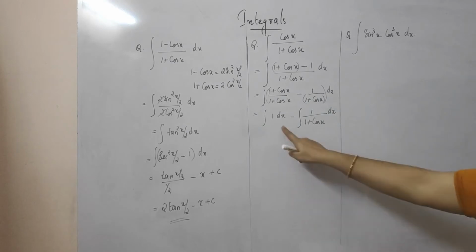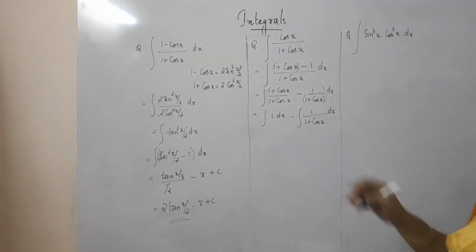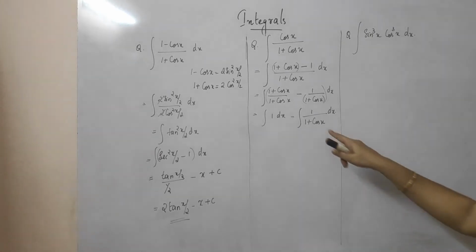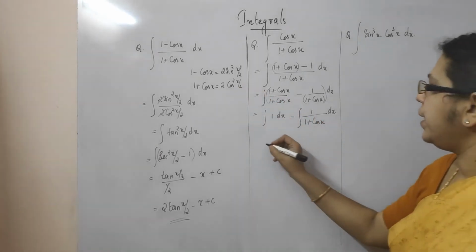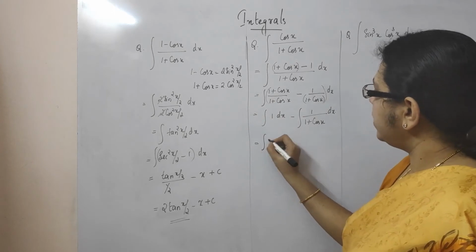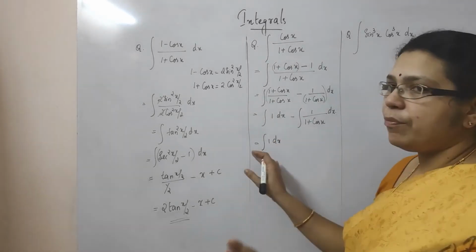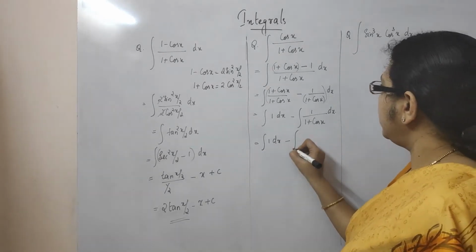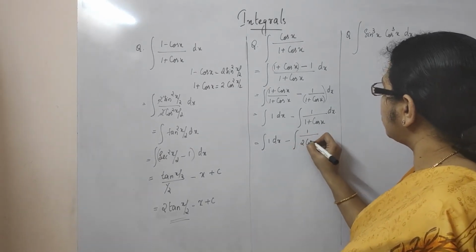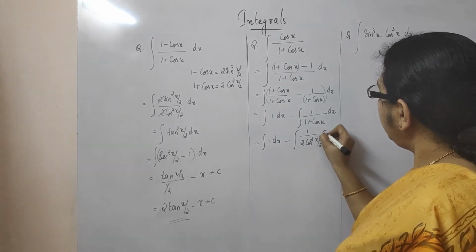Now, this part I know how to integrate. How do I integrate 1 by 1 plus cos x? I will write 1 plus cos x as 2 cos squared x by 2. So I'll write this as the integral of 1 into dx minus the integral of 1 by 2 cos square x by 2 into dx.